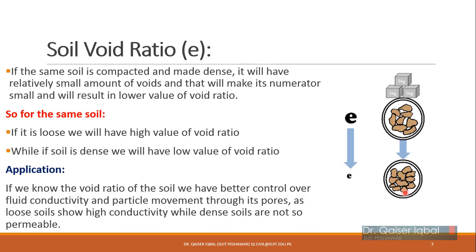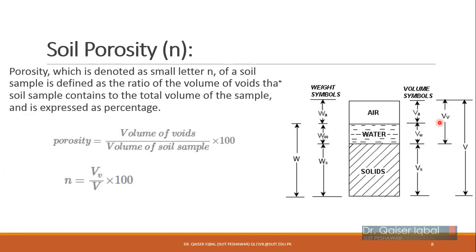And also when you compact the soil, its shear strength and settlement properties will also be improved, which we will be discussing extensively in the coming lectures. So void ratio is a very important property, which basically gives you the amount of voids in a particular soil at a given condition.